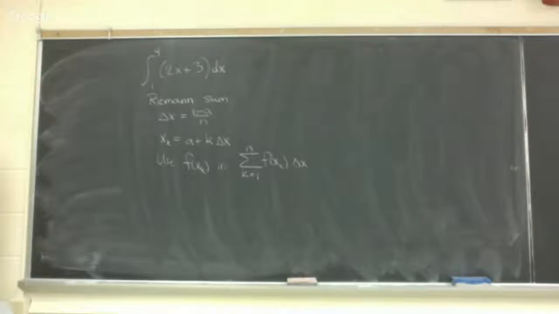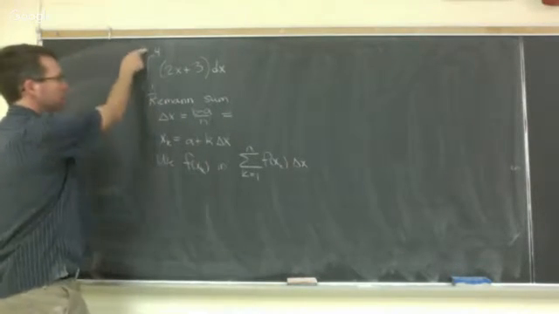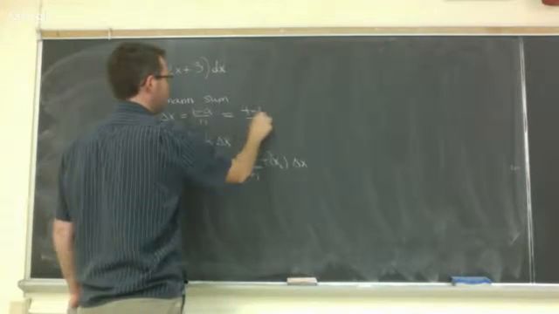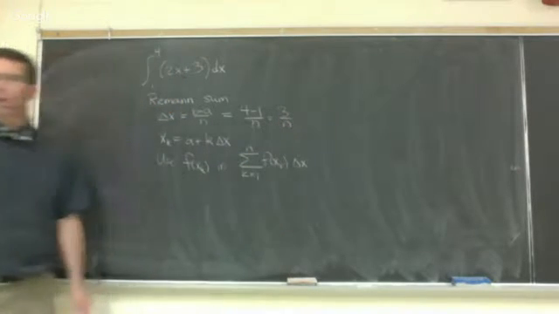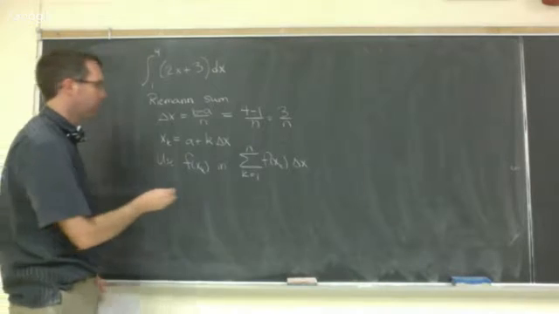So for this problem, my delta x is 4 minus 1 over n, which is 3 over n. That corresponds to the width of my subintervals.